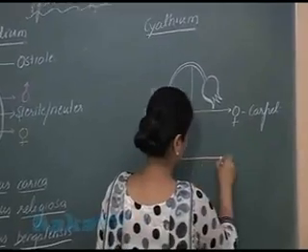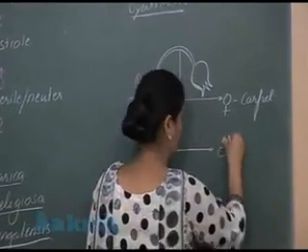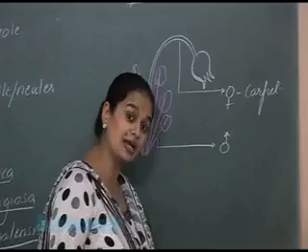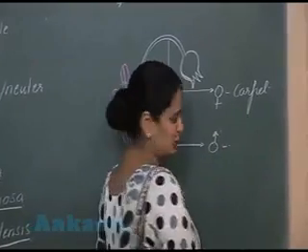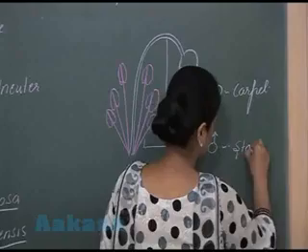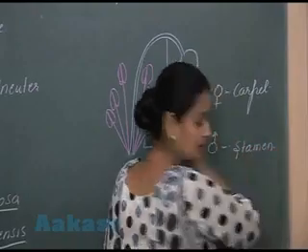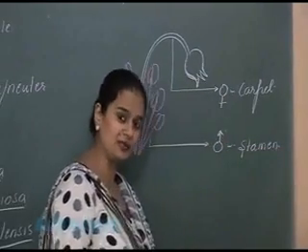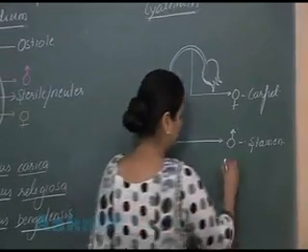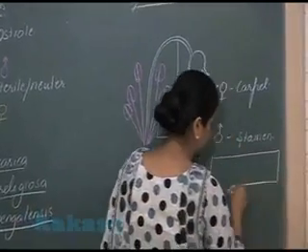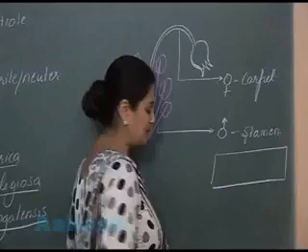Similarly, you can see here in the male flowers, sepals and petals are absent. Only there is presence of androecium, the male part, that is stamen. Such type of flowers where the sepals and petals are absent are known as achlamydeous flowers.